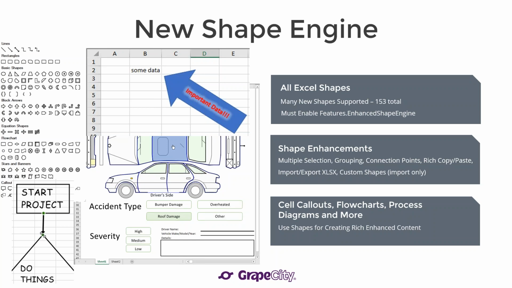The new shape engine supports many enhancements over the old one, including multiple selection and grouping, connection points and connecting shapes with lines and arrows, rich copy and paste of shapes, and import and export of shapes in XLSX files. Create richly formatted cell callouts, flowcharts, process diagrams, and more using the Spread Designer tool.